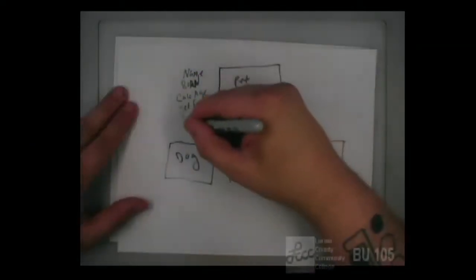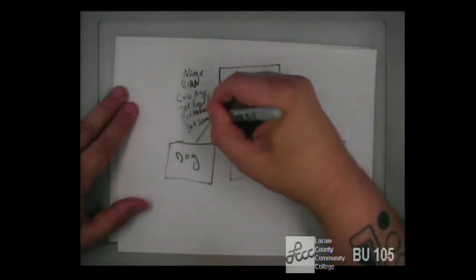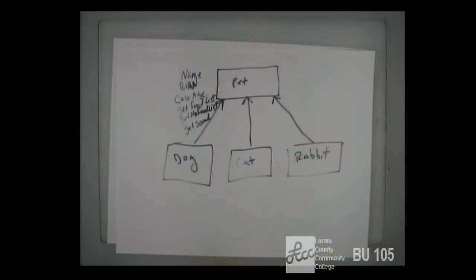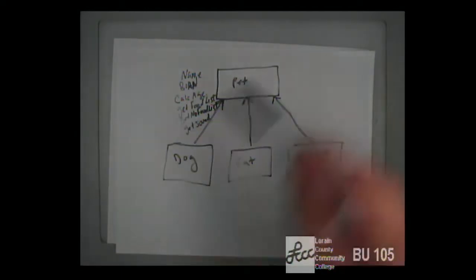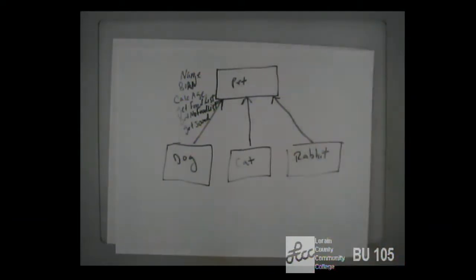And all pets make a noise. All right? So maybe we're going to have a method that returns the kind of noise that they make. Now, we set up this structure, all right? Pet is sort of a generic class, right?